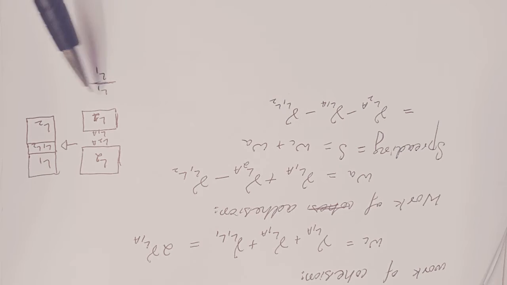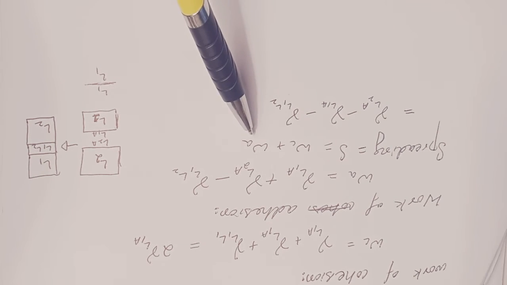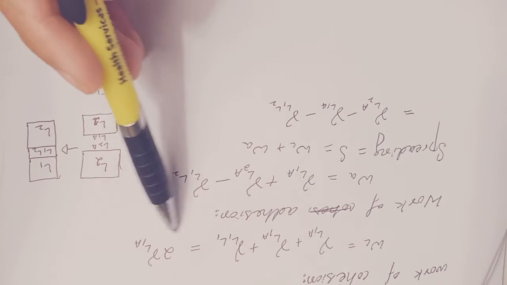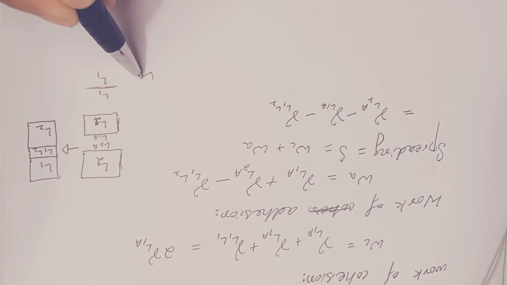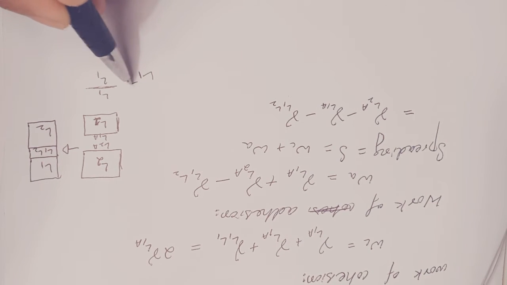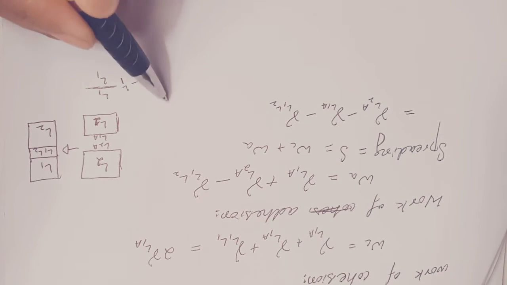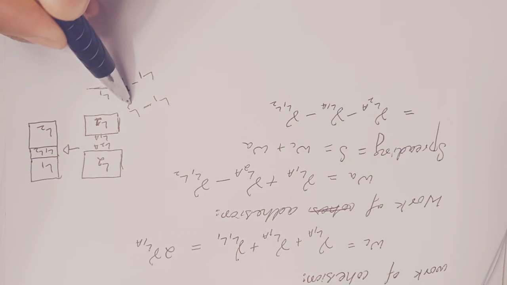So for this case, spreading is actually the work of cohesion and work of adhesion. The work of cohesion is this one. It means that it is based on the cohesive forces between L1 and L1, whereas the work of adhesion is based on the interaction between L1 and L2.